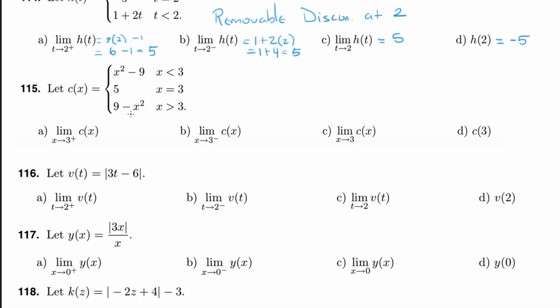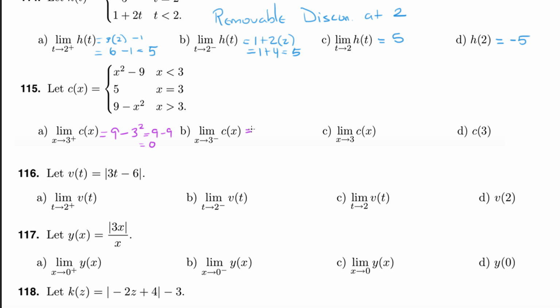3 from the right. Notice that they changed the inequality, so be careful with that. That's going to happen. They can write these inequalities in whatever order they want, so you have to be aware of that. So you got to plug it into this one because it's x greater than 3. So 9 minus 3 squared gives you 9 minus 9, which gives you 0. 3 from the left is the top one.